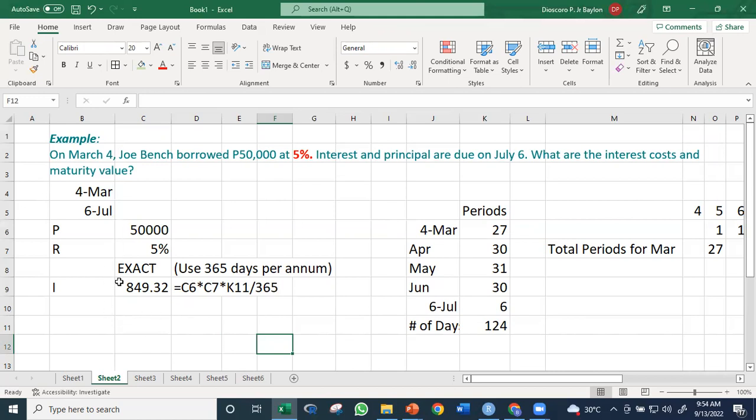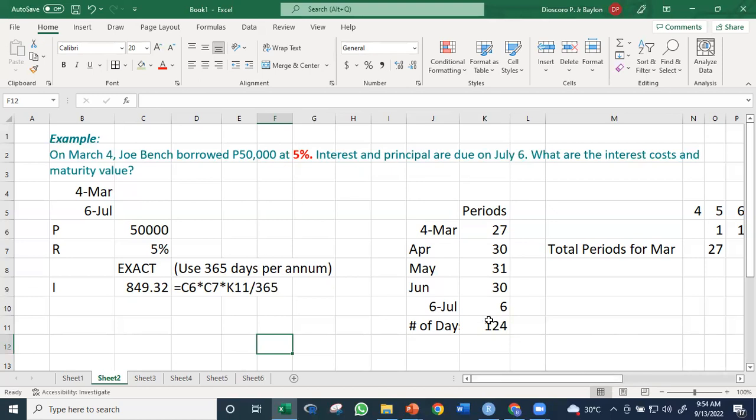Okay, so our interest will now be the principal, which is 50,000, times the rate, which is 5%, times how many days are there between March 4 until July 6. Actually, the more correct question is how many periods. Okay, how many periods from March 4 to July 6? And we counted the number of periods.